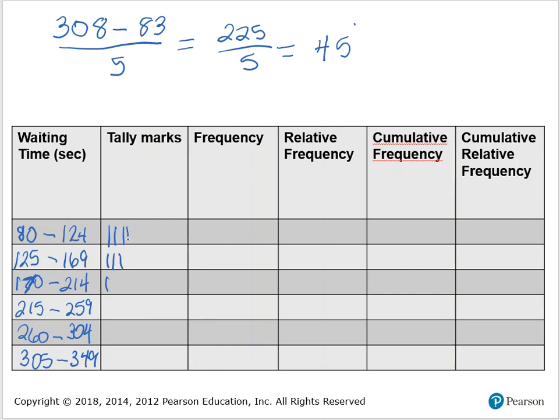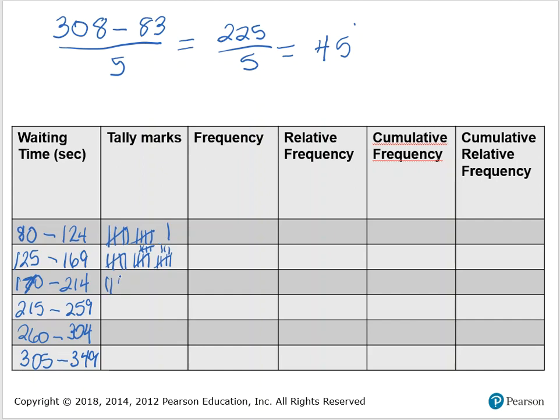So I end up with 11 in that group. The next one I have 23. Let's make sure, see if I can fit that in there. That's 4, 5, 6, 7, 8, 9, 10, 15, 16, 17, 18, 19, 20, 21, 22, and 23.